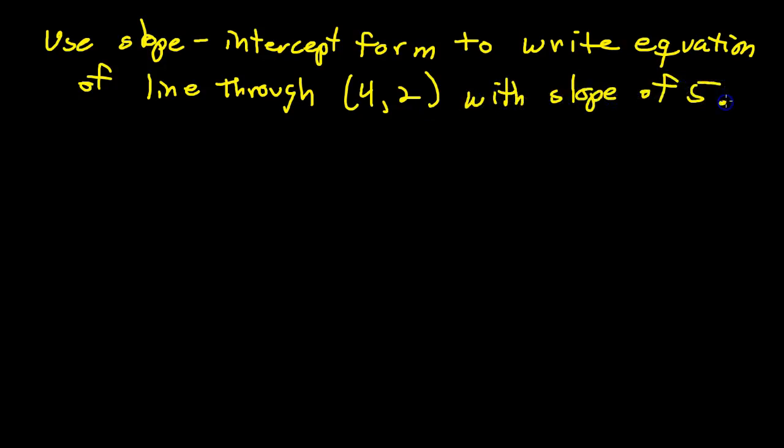Now here you're not given a graph, but you are given information about the line in writing. You know the line is going to go through this point, and you know the slope of the line has got to be 5. All right?